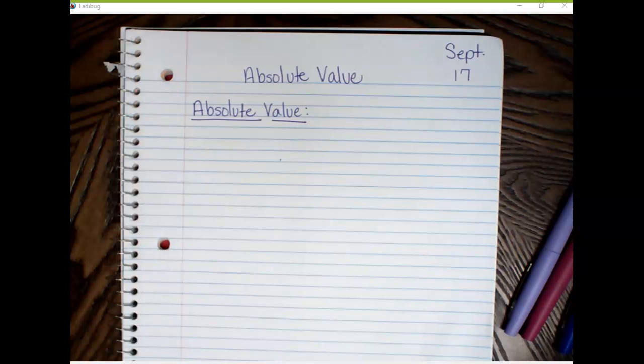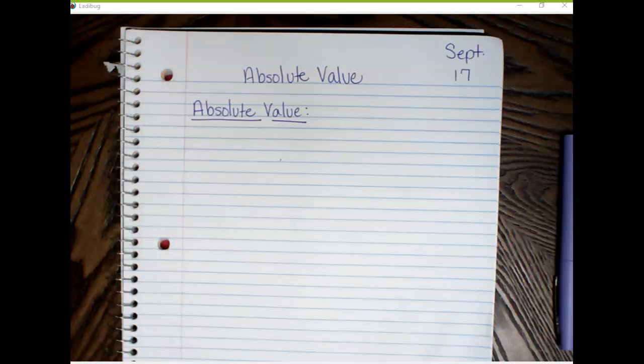So when we talk about absolute value, I know you already talked about this in your regular math class. Does anybody remember what it means when we say absolute value? It's how far a number is away from zero.